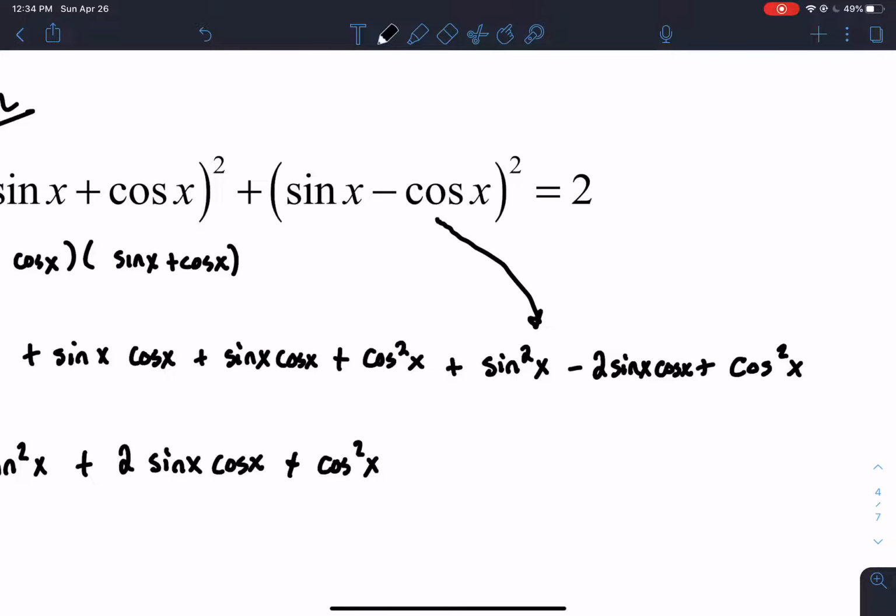Again, all you're doing is you're foiling. You're foiling this out, right? Okay, so what's that give me?